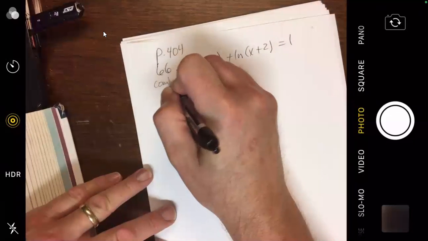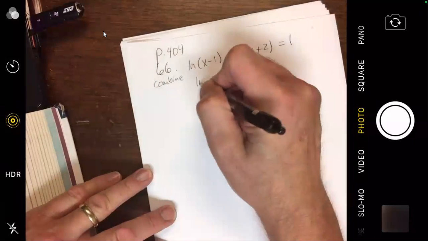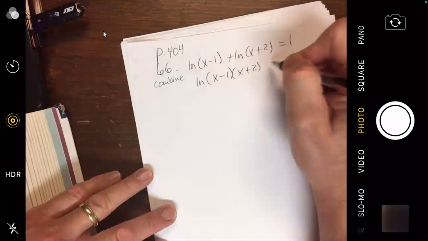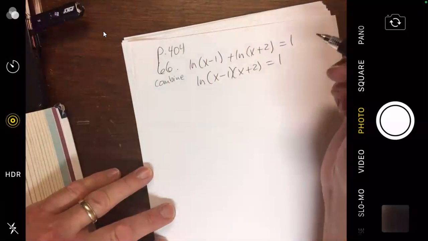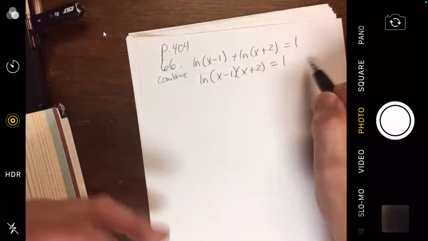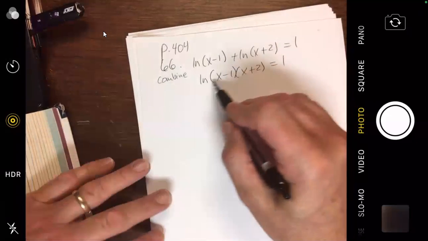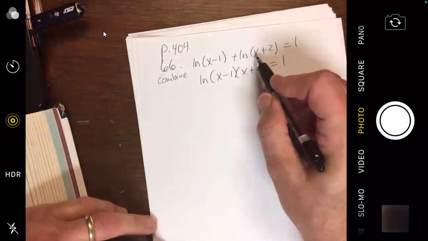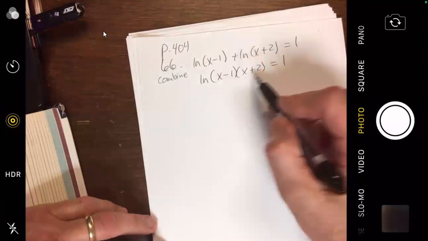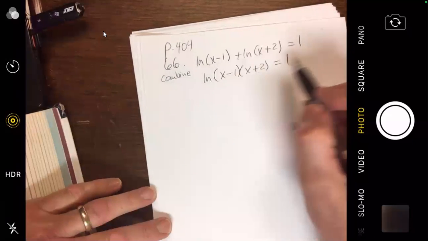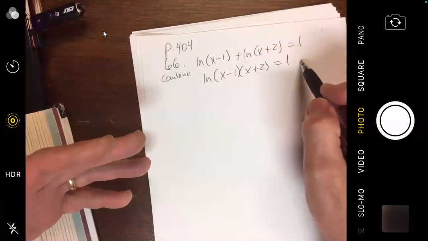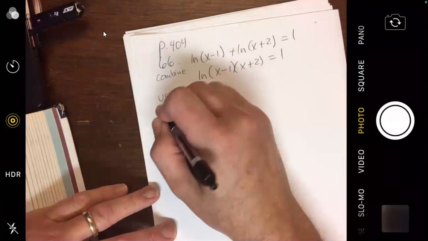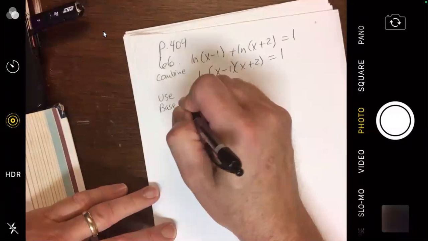Again, you can combine: x minus 1 times x plus 2 comes up 1. You see, this is not a case of doing something on one side and not something on the other. This is an equivalent expression to this. It was law number 1 of logarithms. So you can replace this with this, perfectly legal, without doing anything on the other side. These are equivalent expressions.